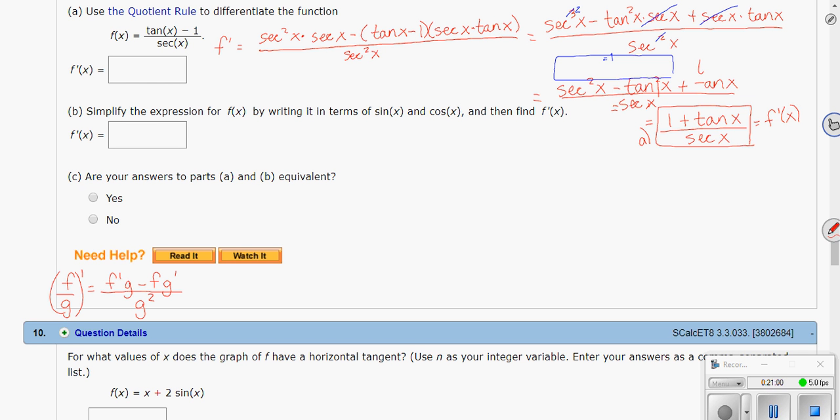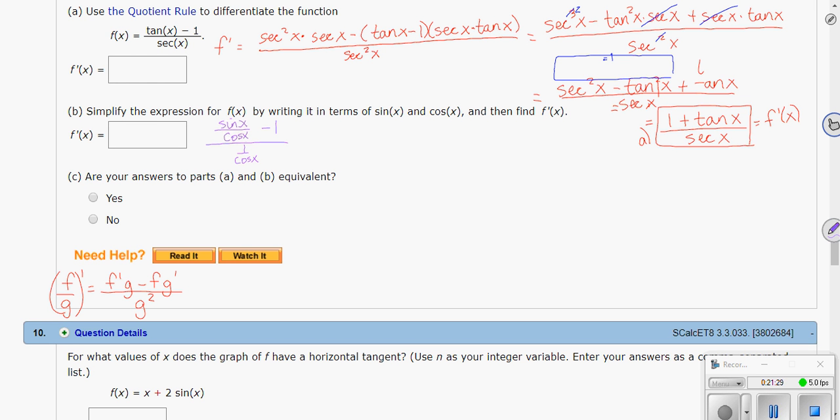Okay, so can I pretty up the original function first by converting everything to sines and cosines, and then find the derivative? Well, let's see. Okay, so tangent is sine over cosine, and secant is 1 over cosine. Now, on the top, I have to have common denominators.